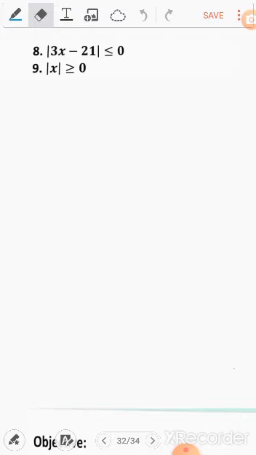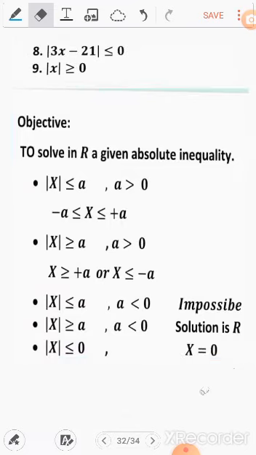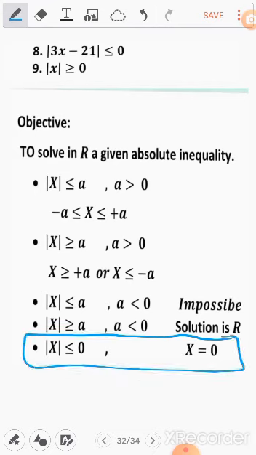The next, number 8, absolute 3x minus 21 is less than or equal to 0. This is about the last formula. If absolute x is less than or equal to 0, then x should be equal to 0, because absolute x should be greater than or equal to 0.